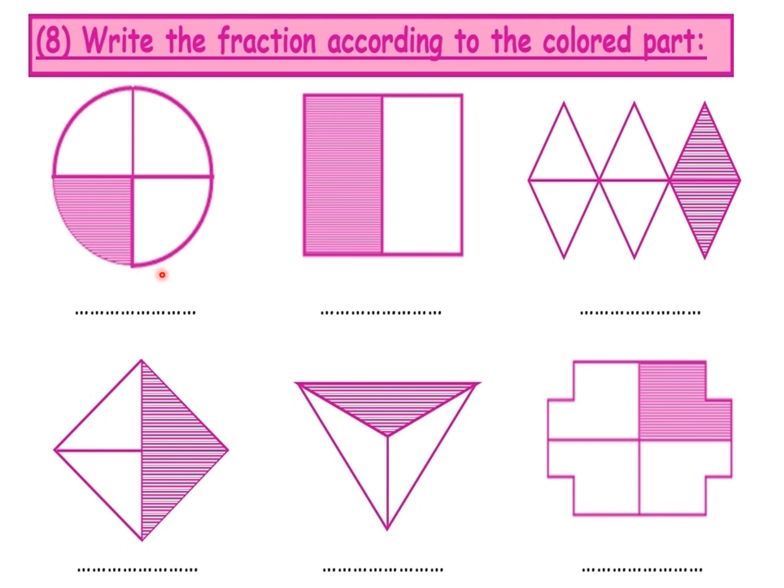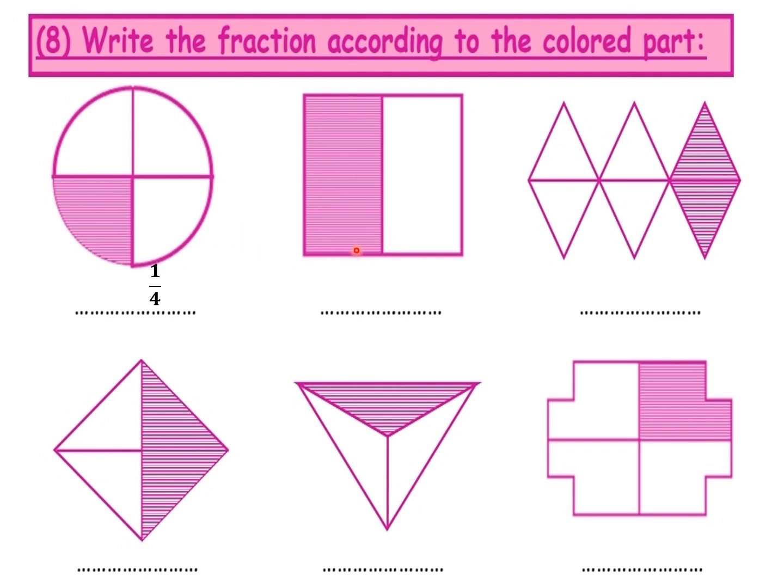What should I write here? I know that I have a whole circle divided into four parts, and I took one of them, so this is called quarter. Quarter is 1/4.